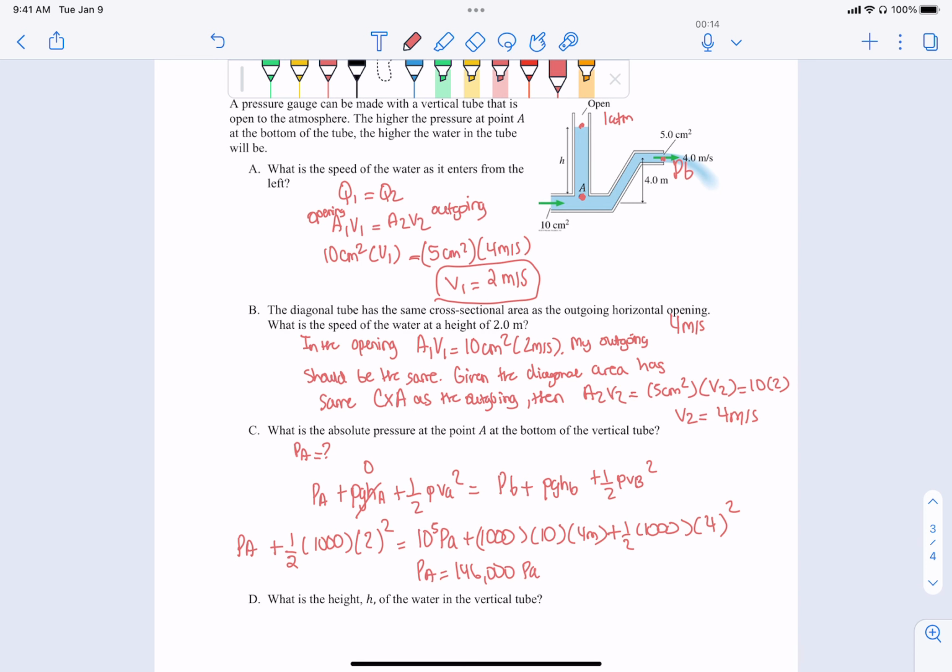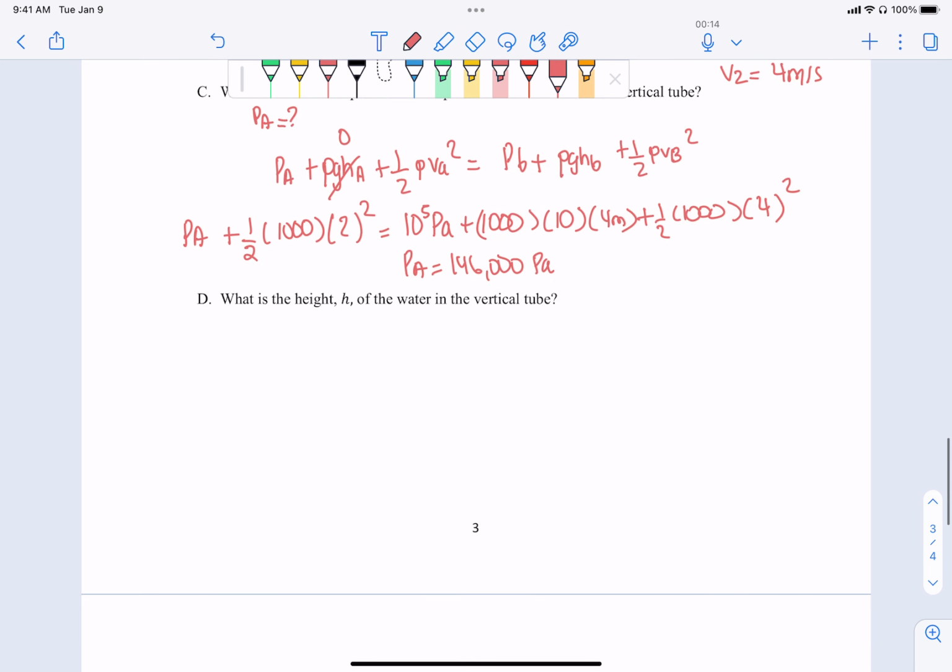So now we can use a similar equation, right? Just without all the velocities and stuff. So we're going to do PA plus ρgHA is equal to PB plus ρgHB, right?